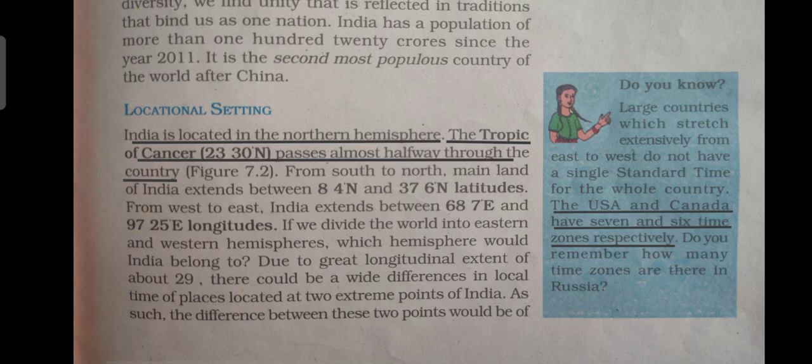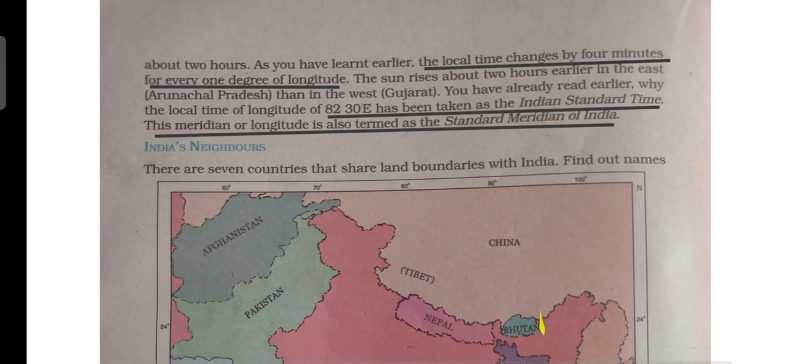Next, due to the great longitudinal extent of about 29 degrees, there could be wide differences in local time of places located at two extreme points of India. As such, the difference between these 2 points would be about 2 hours. As you have learnt earlier, the local time changes by 4 minutes for every 1 degree of longitude.